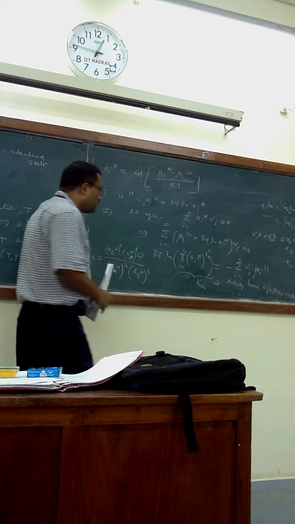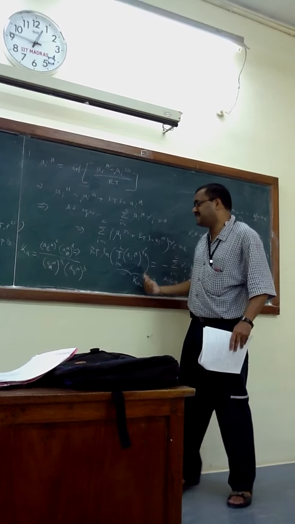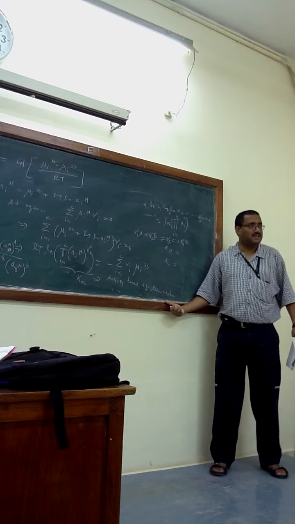If you look at our Kc expression, this a is replaced by concentration; in Kp, a is replaced by partial pressure. So that's why this is a valid definition: the equilibrium constant based on activity.